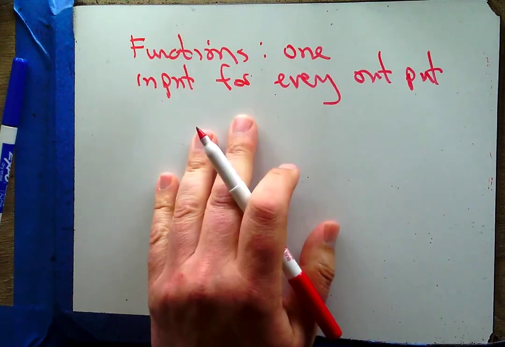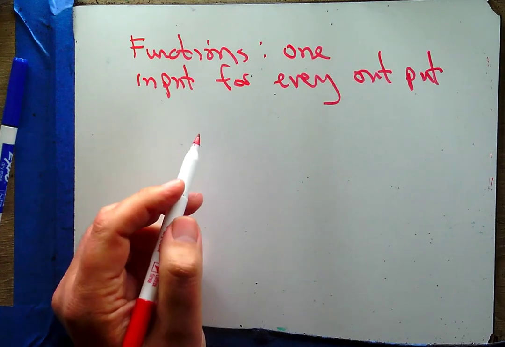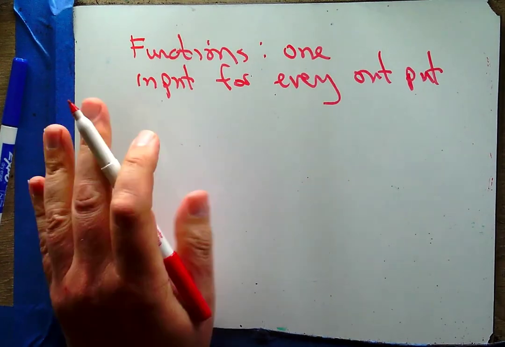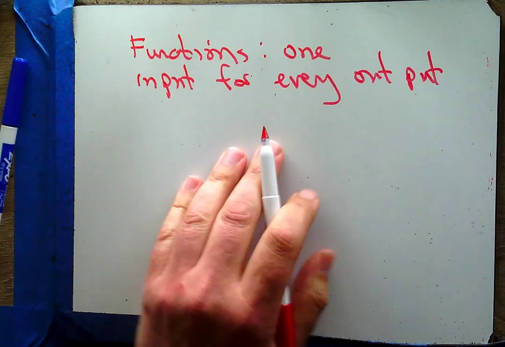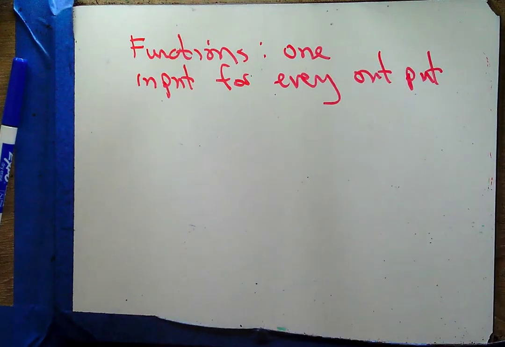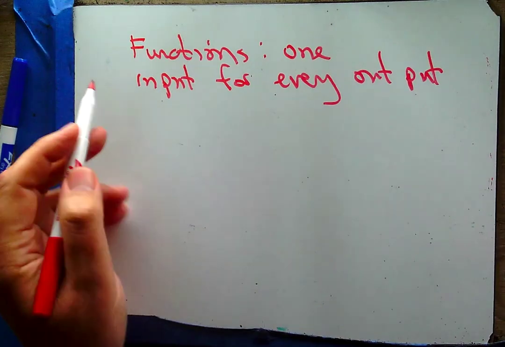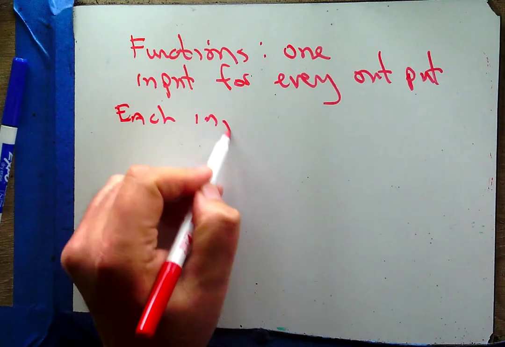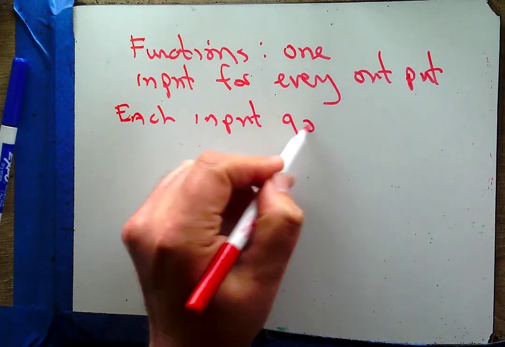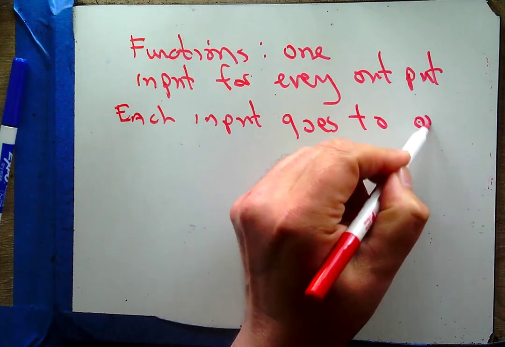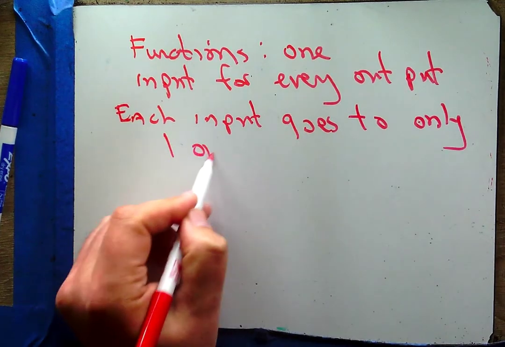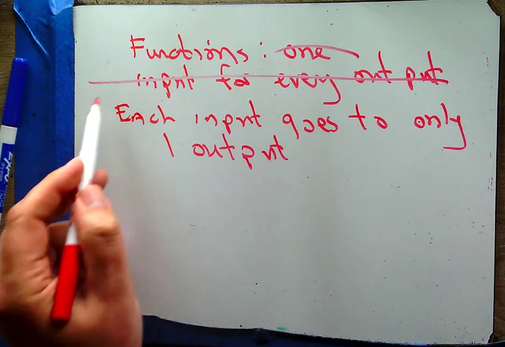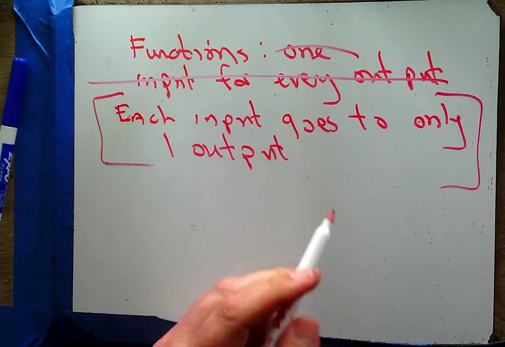So let's see if we can come up with one that makes a little more sense. And I'd like to be able to determine whether something is a function or not by looking at a table, at a graph, and looking at some algebra stuff. Okay? So each input goes to only one output. I think you're gonna find that's more successful for you.